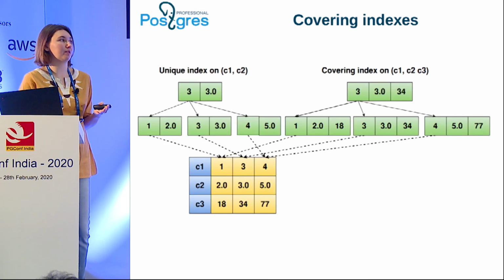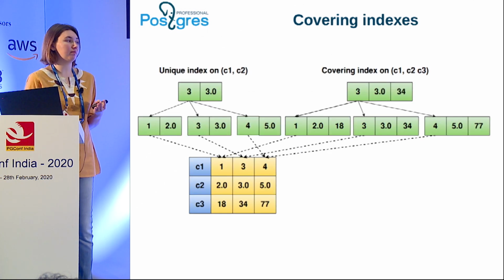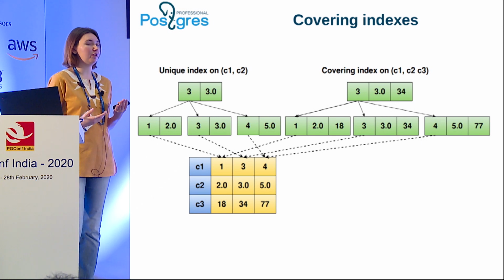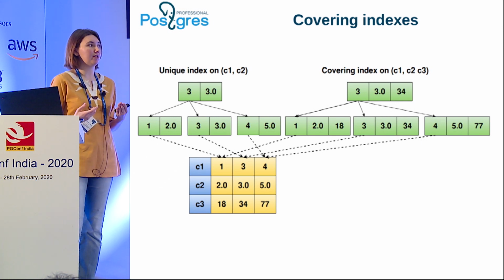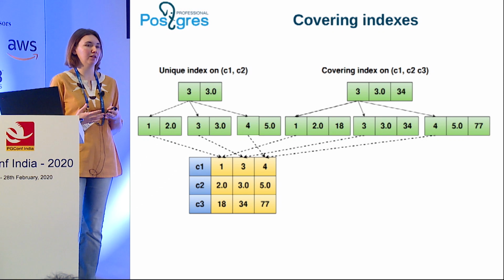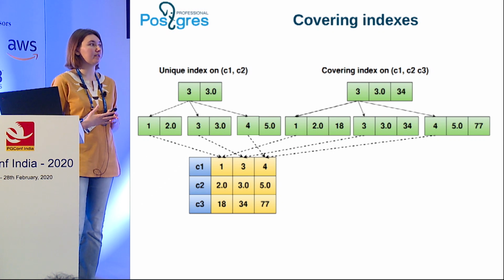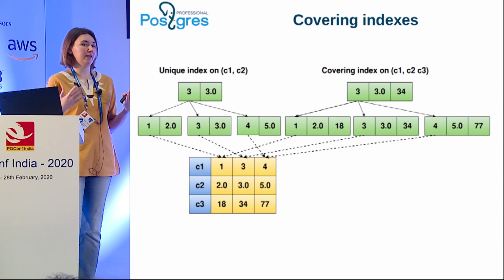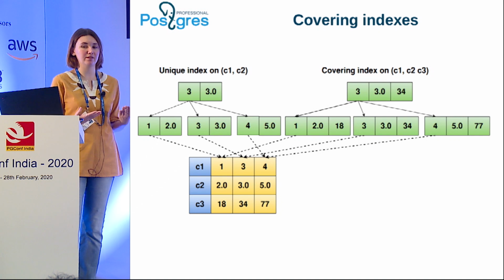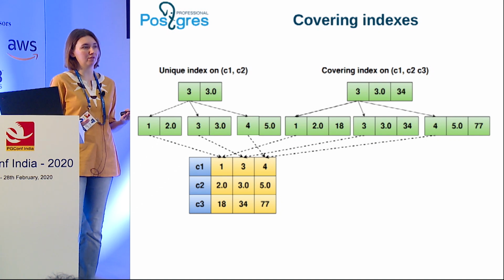What's the problem with covering indexes? First, the major problem is that usually you already have some unique index on your table. Like most of the tables have a primary key or some unique fields at least, and you have this unique index. It's created implicitly. It's also B-tree.